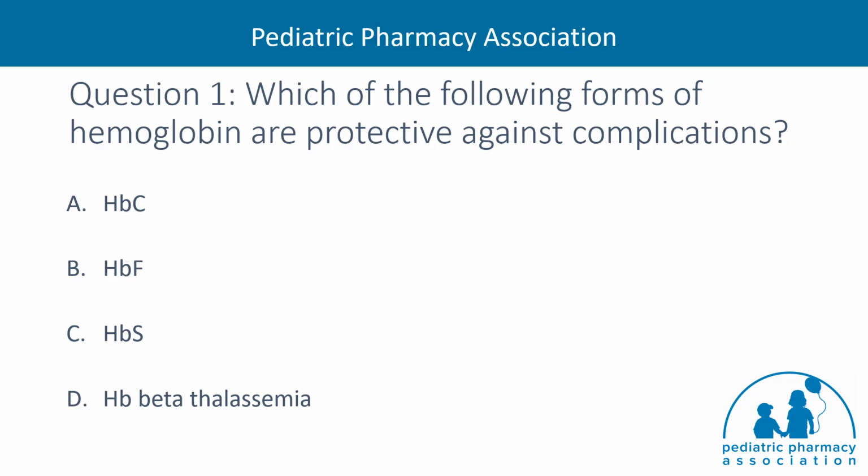And I'm going to give you guys about 20 seconds to think about that. If you need longer, please pause the presentation. Great, the answer here is hemoglobin F, or fetal hemoglobin.